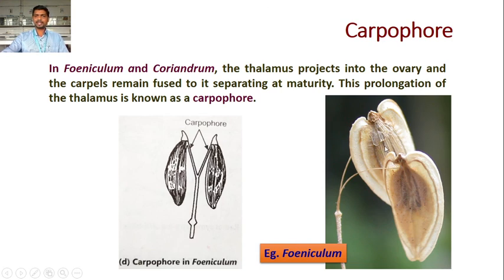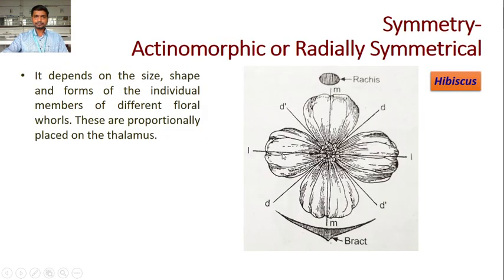This portion of the thalamus is called the carpophore. Why is it called carpophore? Because the thalamus projects into the ovary, and this prolongation of the thalamus is known as carpophore. For example, Foeniculum.